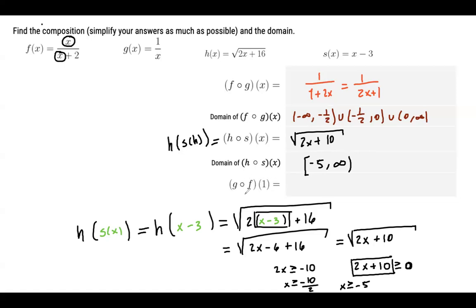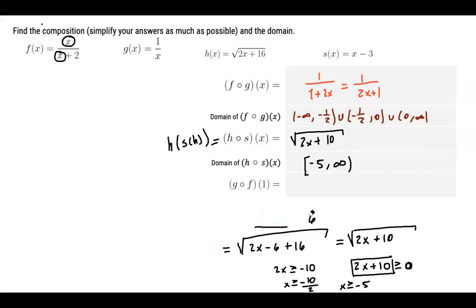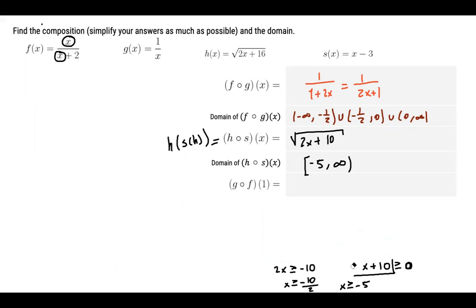Now, what happens if you do g composed with f? You don't have to do much because we're evaluating this with 1. So you can do the composition or you can do just the evaluation. If you're doing the evaluation directly, it would go something like this.